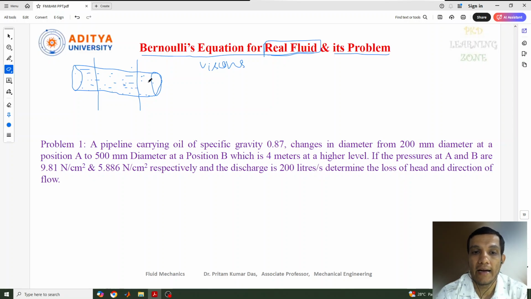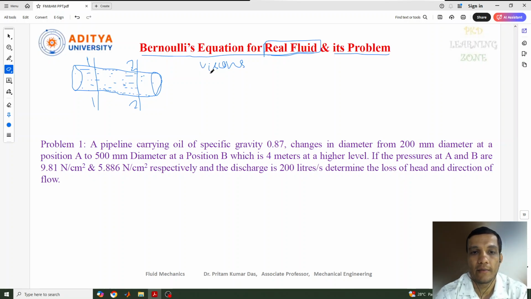Suppose this is section 1 and this is section 2. When the fluid flows from section 1 to section 2, there are some losses in this layer, near the surface layer of the pipe.